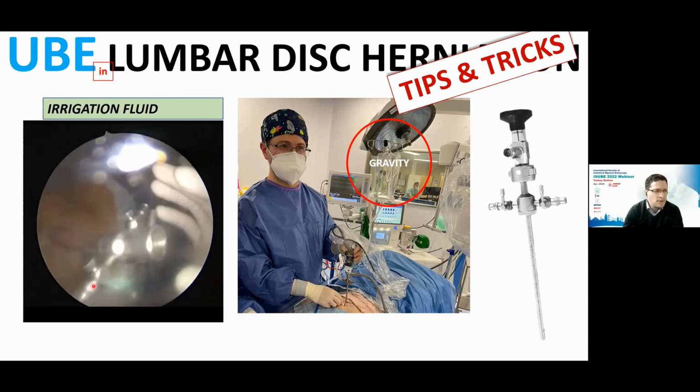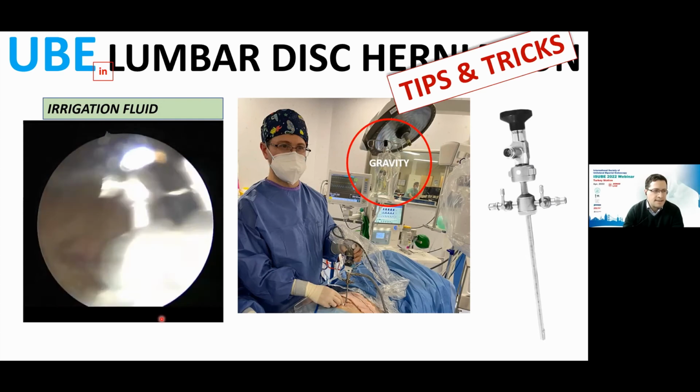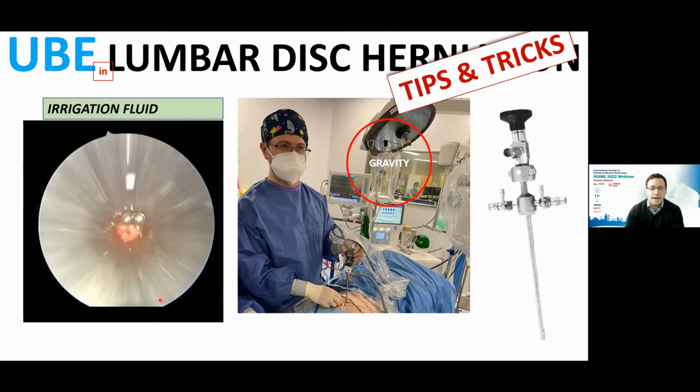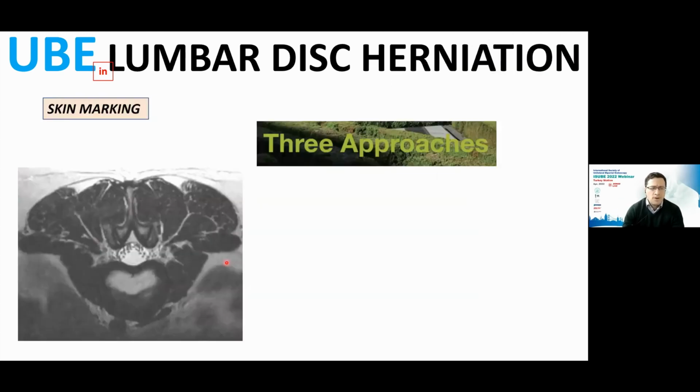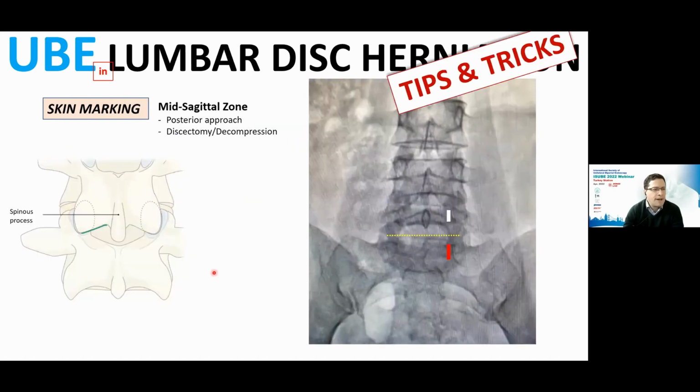Look at this video. This is the pressure that I have with the bag only at the height of my head. When you think about lumbar disc herniation, you can make many incisions. You can do an ipsilateral or paraspinal approach, a contralateral approach if you are thinking of a foraminal approach, or a paraspinal approach if you have an extraforaminal herniation.